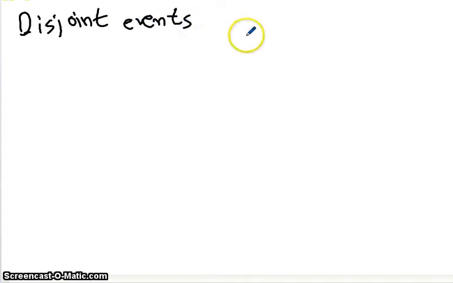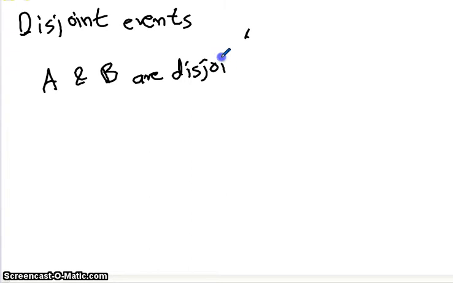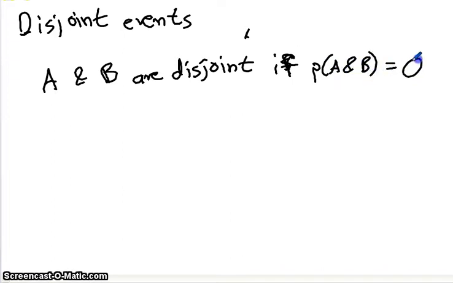The last thing to discuss here, which I left out earlier, is that of disjoint events. So I'm going to say A and B are disjoint if the probability of A and B both occurring is 0.